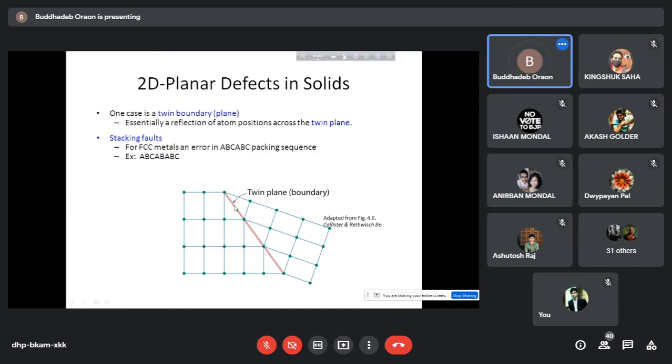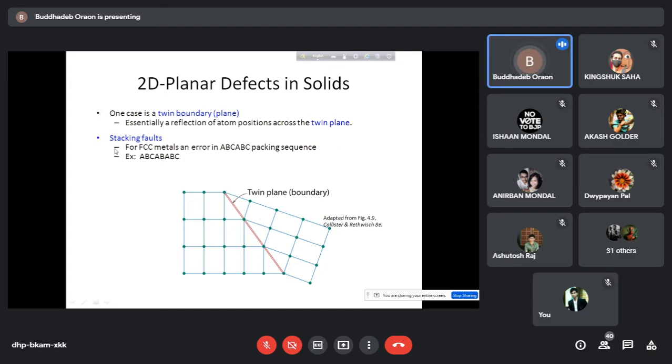So this will be a 2D planar defect, because if you imagine the surface perpendicular to this page, then this will be the plane, and this defect is situated in that particular plane. So that is why it is called a 2D planar defect. It is called a twin boundary because it is the boundary of two perfect crystals.